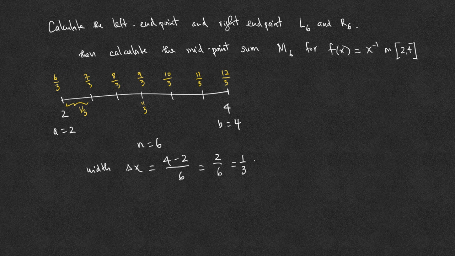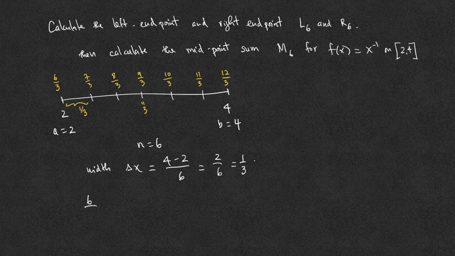So the left endpoints that we will use are 2, 7 over 3, 8 over 3, 9 over 3, 10 over 3, 11 over 3. That's 6 left endpoints. The corresponding right endpoints start with 7 over 3 all the way to 12 over 3. And if we want to use the midpoint, we would need to average the two.